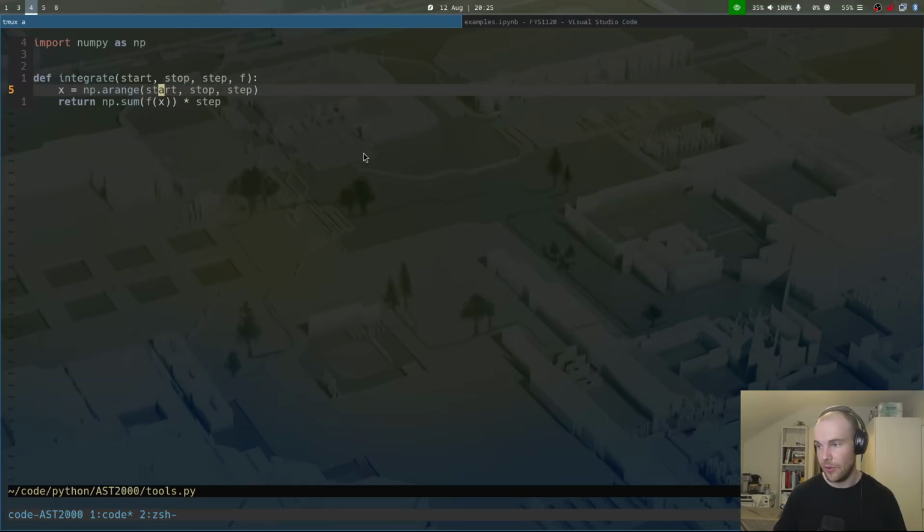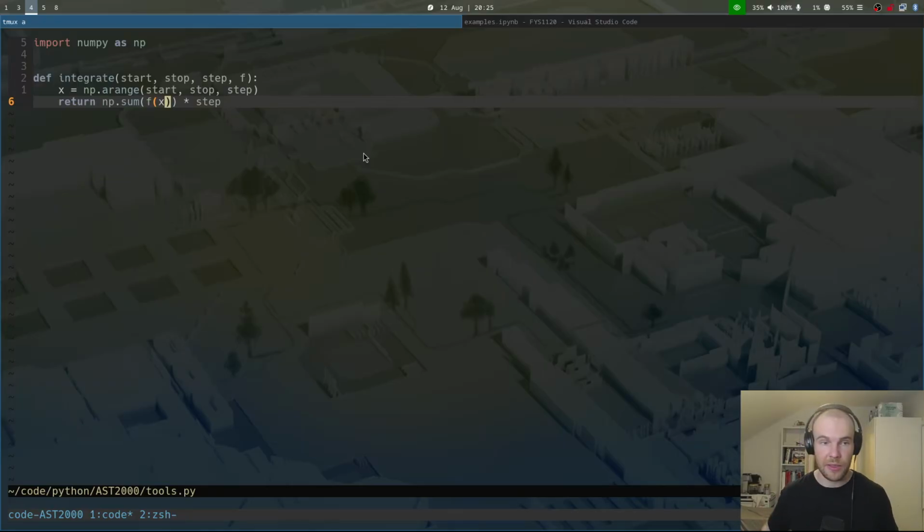So if I go from 1 to 10, I can have a step of 1. That could be my array of x. And I just sum up all the step sizes. That's what's so nice about NumPy, and the function itself is just a cumulative function, right?